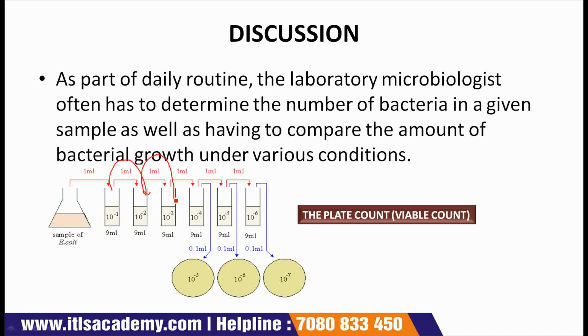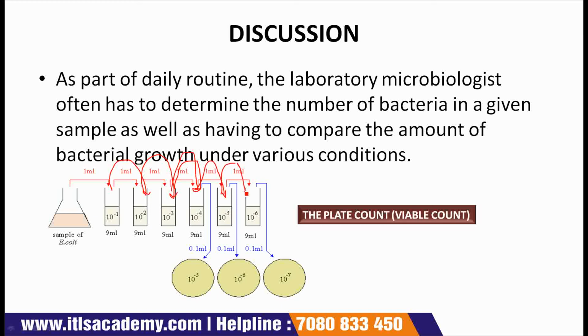Although we have discussed the process of serial dilution in detail in our previous lecture, and you can refer to that lecture, I am showing this process of serial dilution again here. You can see the transfer of 1 ml from this concentration to this, and from this to this.